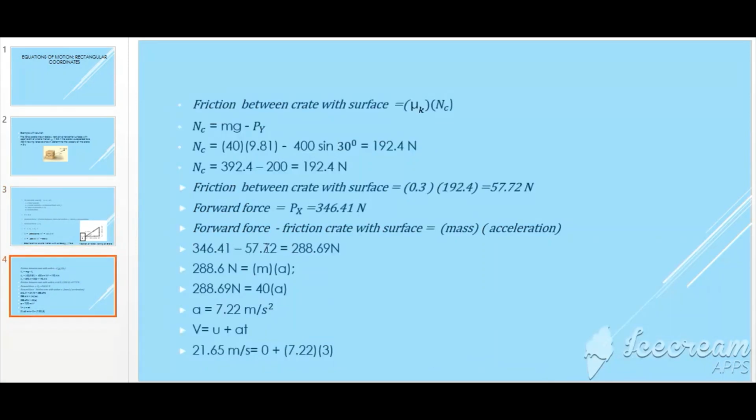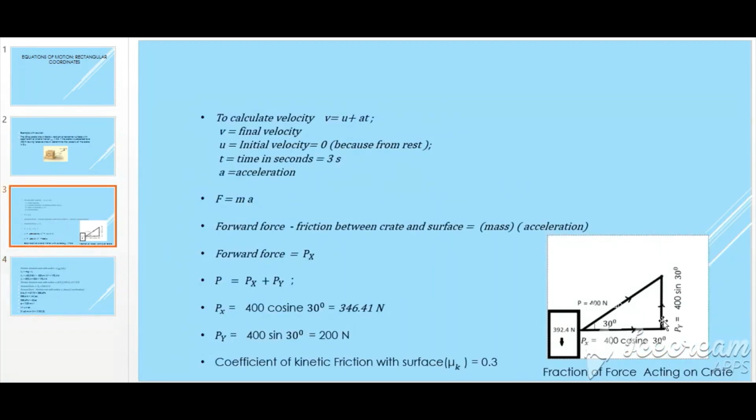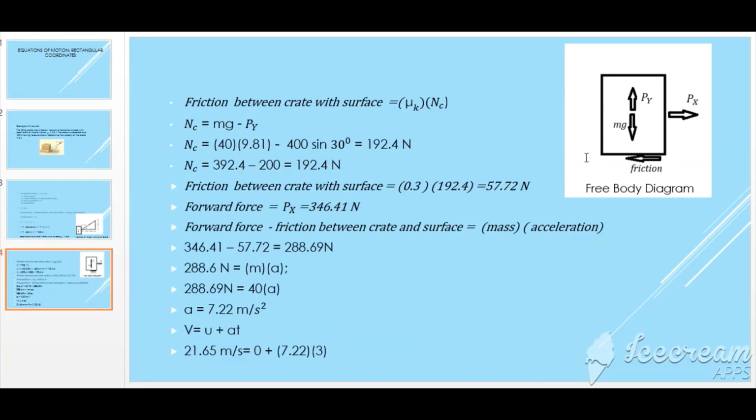For the friction force, we need to identify the normal force of the crate. The normal force of the crate is acting downward. Actually there are two forces acting on this crate in the vertical direction, downward and upward.